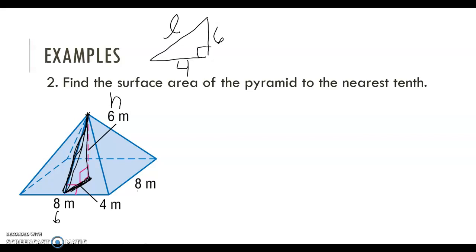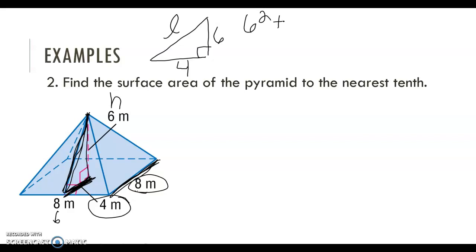Before we do that, I do want to point out real quick, notice that this side being 4 is half of what the side of the square would be. That's always going to work out that way, and that's going to be important for another example later on. So let's go through the Pythagorean theorem quick up here to find the slant height.